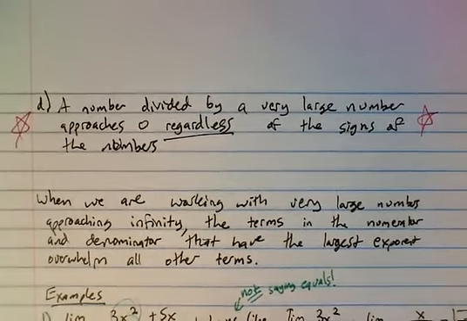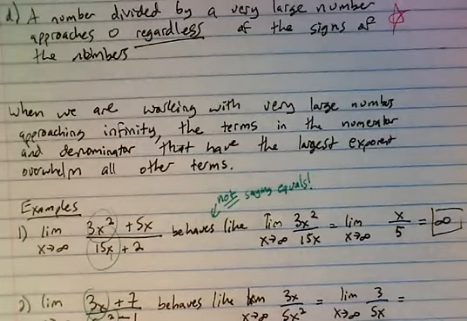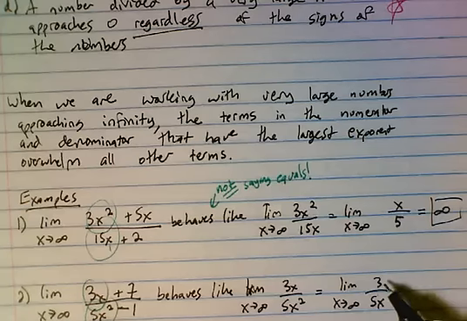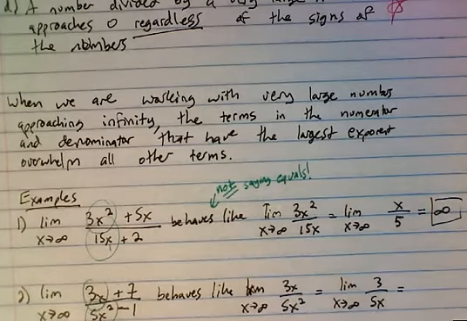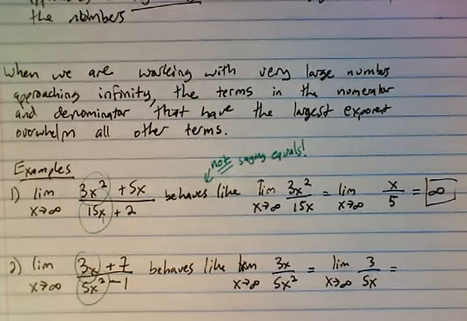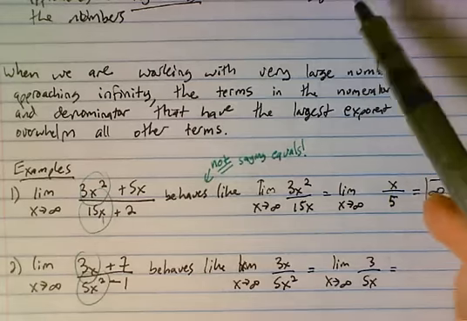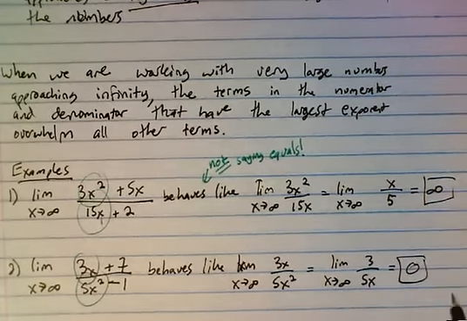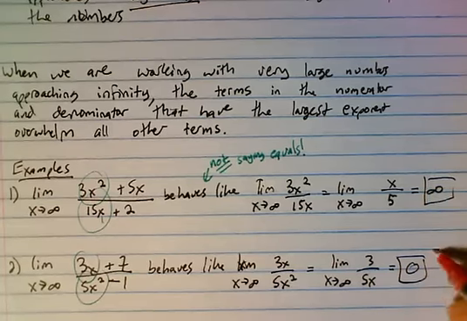A number divided by a very, very large number approaches 0. So as this gets bigger and bigger, 500, 500,000, 500 million, zillion, quadrillion, billion, this is getting to be a finite number divided by an incredibly huge number. And when we divide by a very large number, that limit is approaching 0. Very, very key. People like to forget this one a lot.